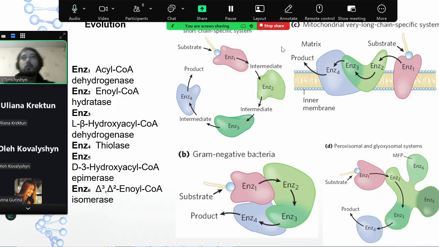We considered that in our previous lectures, where we had certain pathways and were searching for bottlenecks. So here it is. And what can be good if you create them as separate enzymes and regulate them with different promoters?